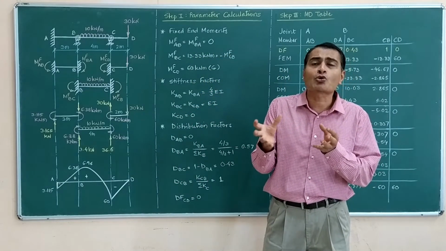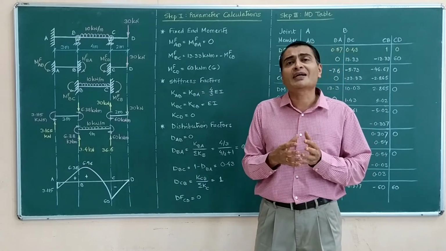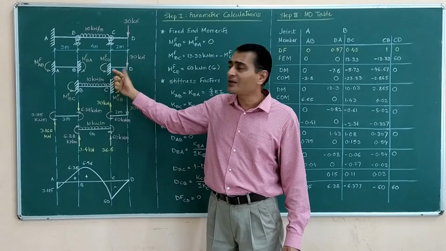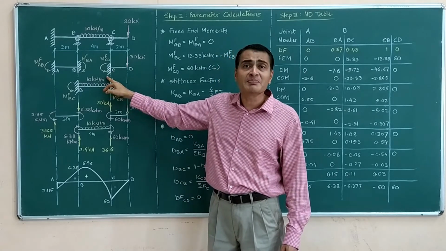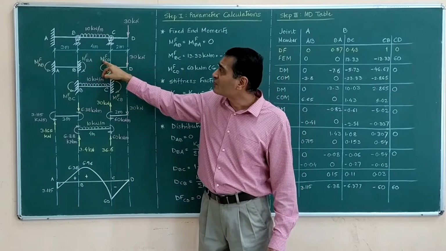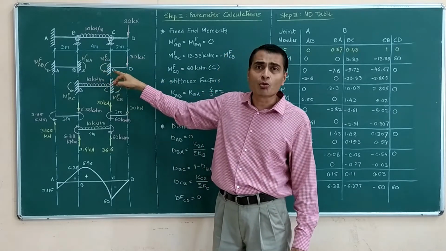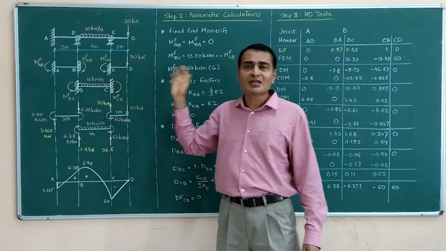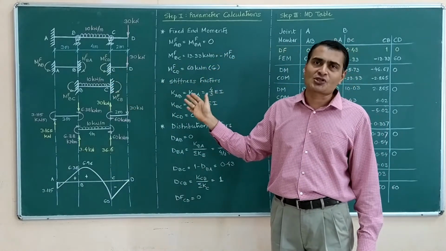Any overhanging portion is going to act like a cantilever beam. So that part I have isolated, I have shown cantilever beam CD, and since we have 30 kilonewtons here, this reacting moment is going to be 30 into 2, that is 60, that we will see in our calculations.